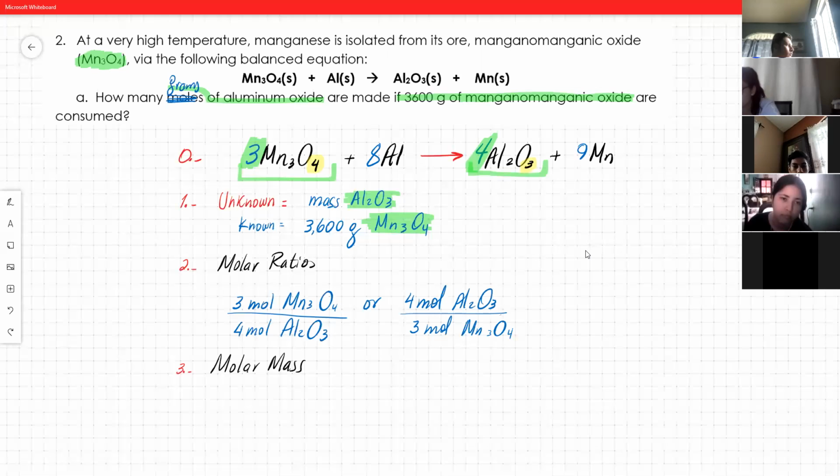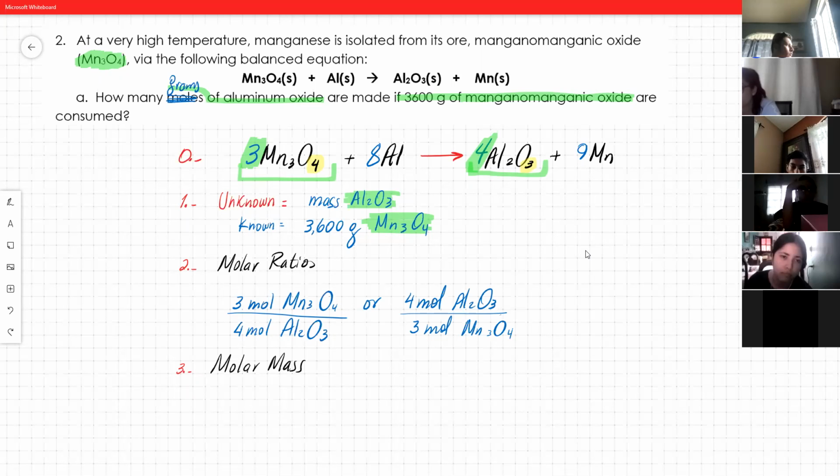Now, if you want to be sure that the molar mass you got is correct, remember that last year I gave the seniors this one, Merck PTE. It has a molar mass calculator.